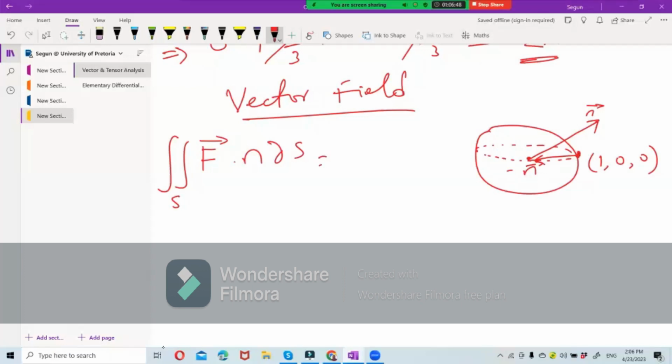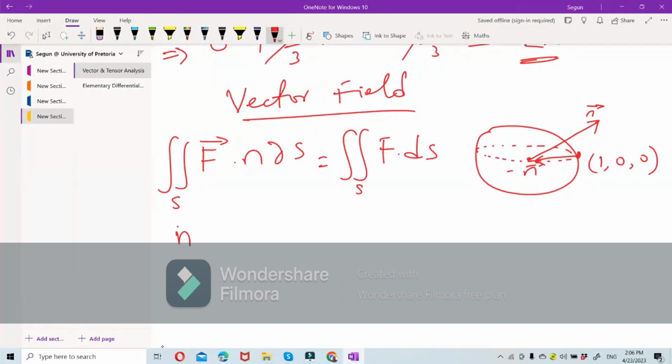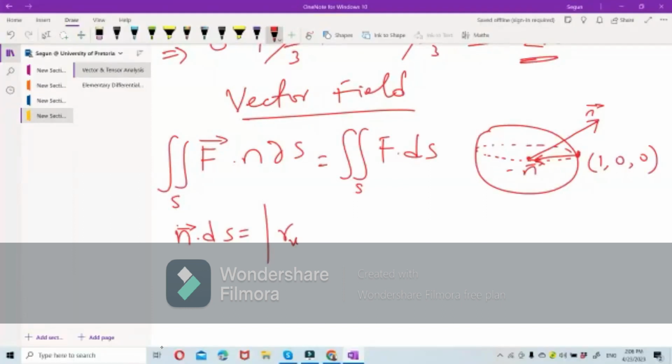They are talking about a surface integral of F dot n dS, where n dS is equal to the vector r_u cross r_v, with dot du dv.